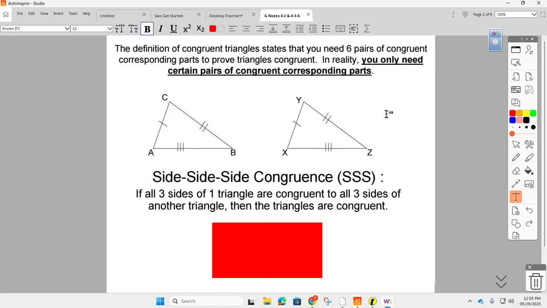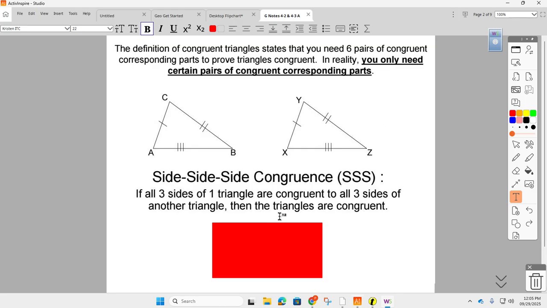So the first one we're going to learn about is what they call side, side, side congruence. If you're looking at those two triangles, what do you notice, Amaya? Very good. All sides of one triangle are congruent to another one.